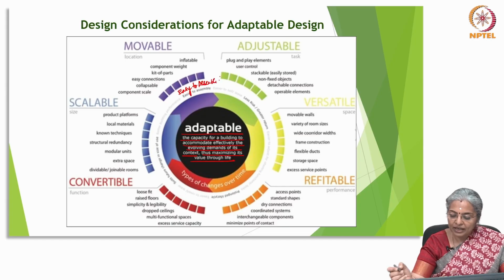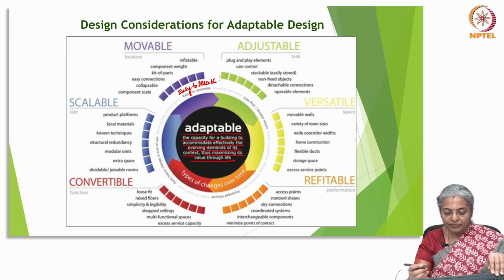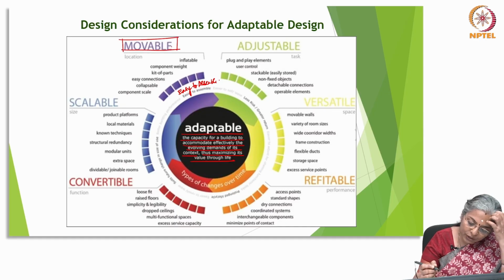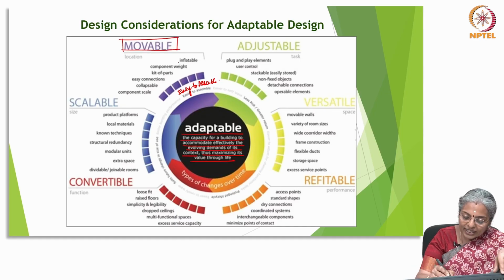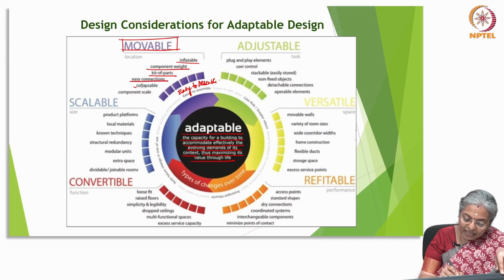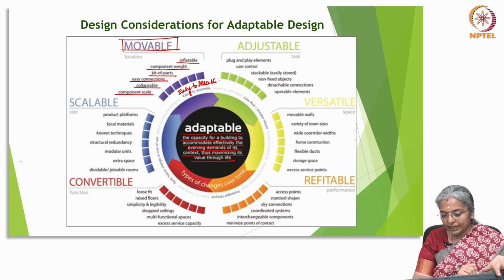How does something become easy to assemble? It becomes easy to assemble if it is movable from one location to another, and in its location, whether it can be inflatable, what is the weight of the component, can we use it as a kit of parts, does it have easy connections, can it be collapsible, and what is the scale of the component.